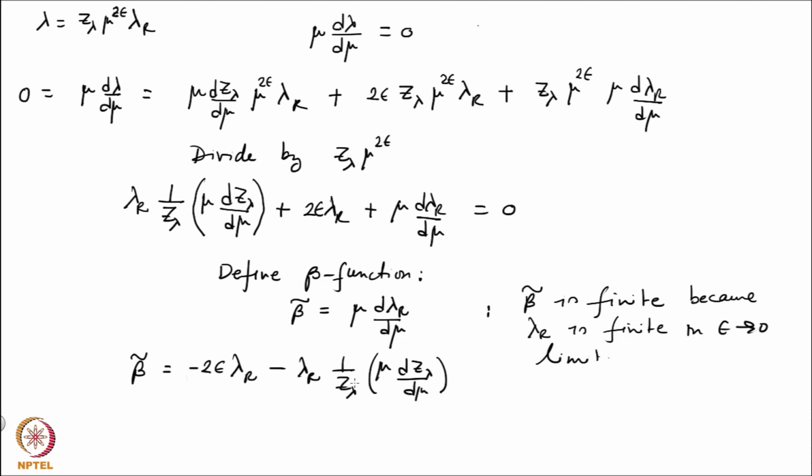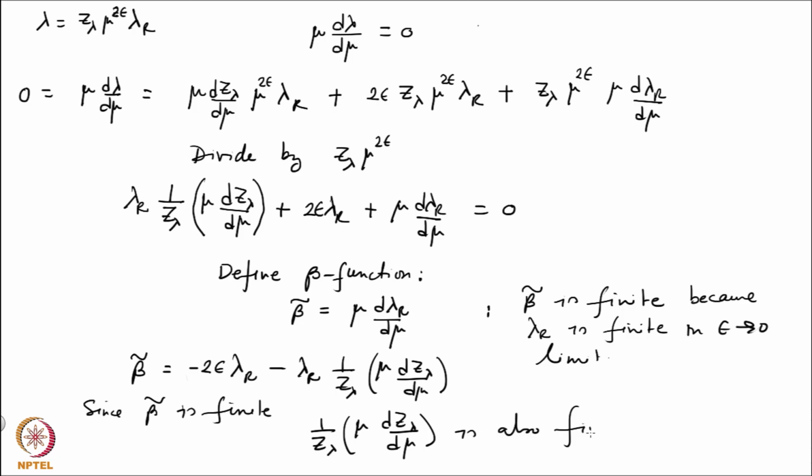Lambda r is anyway finite, and that implies that 1 over z lambda times mu dz lambda over d mu, this factor, is also finite.